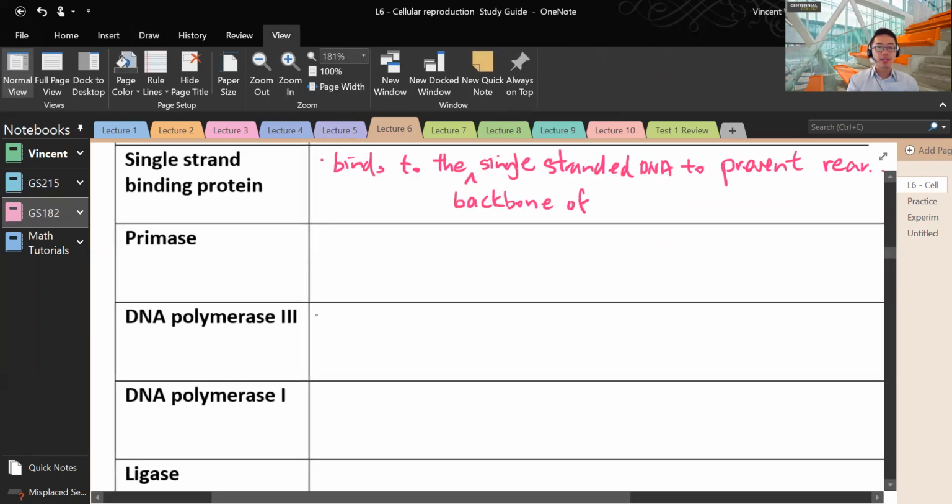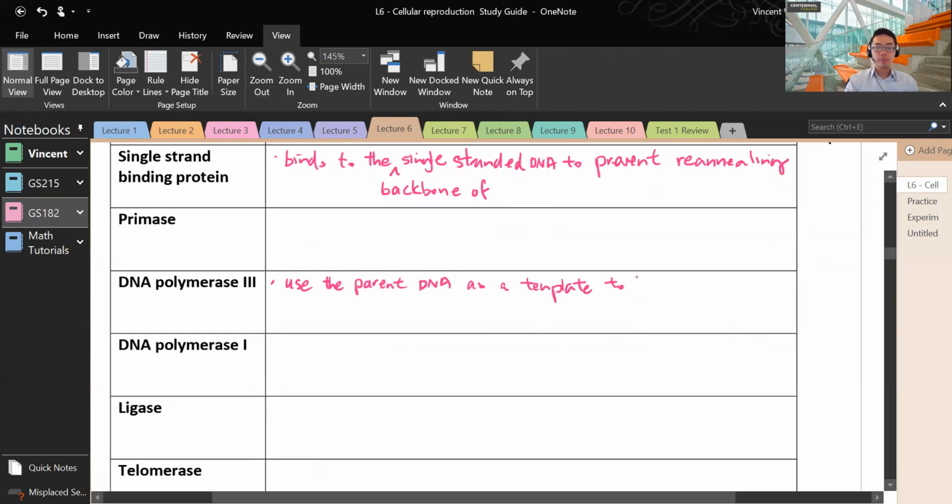So DNA polymerase is an enzyme that is going to use the parent DNA as a template to build a complementary strand.